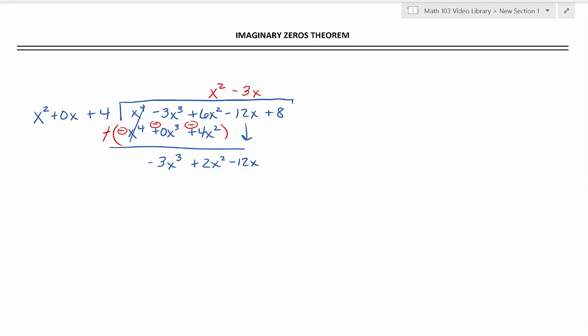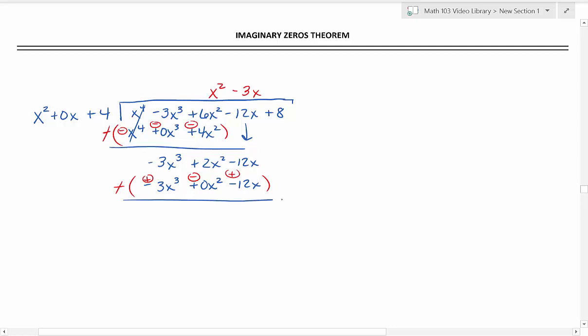Multiplying back by our entire divisor, we get negative 3x to the 3rd plus 0x squared minus 12x. We subtract. X to the 3rd cancels out. We're left with 2x squared.